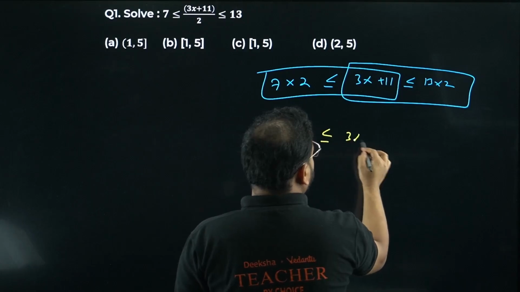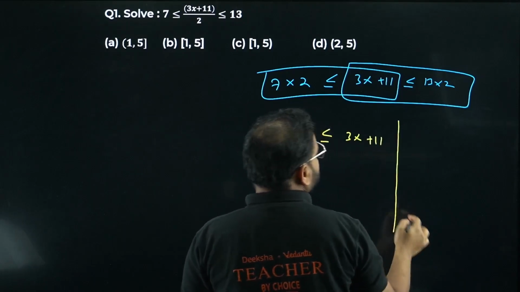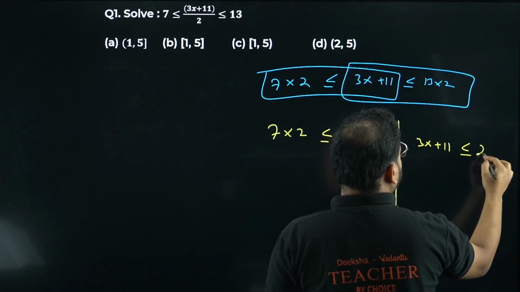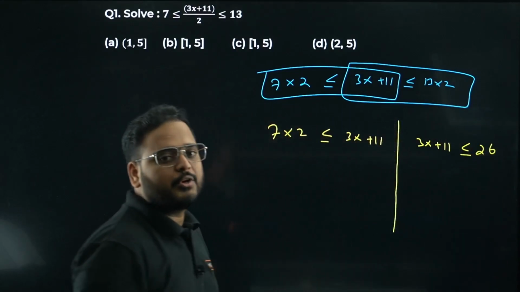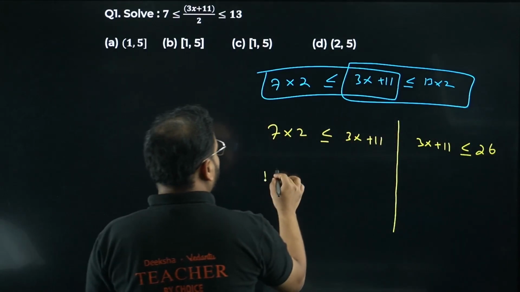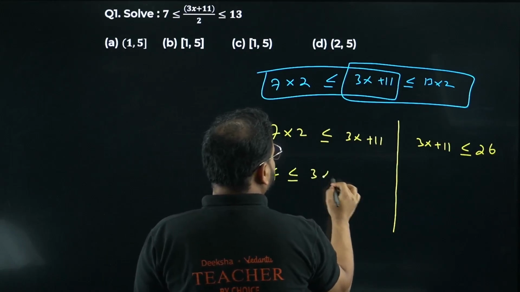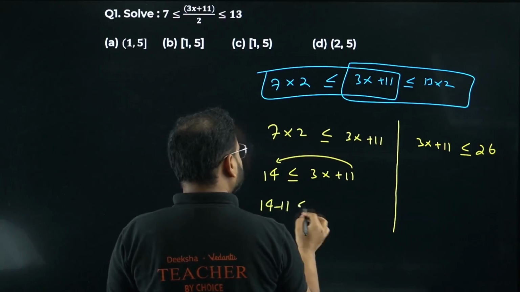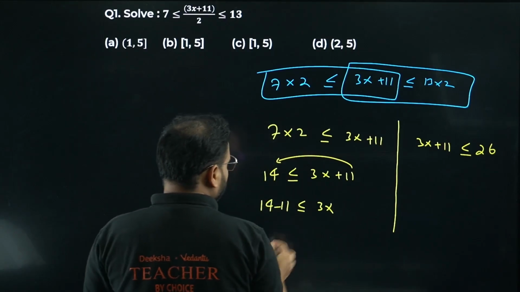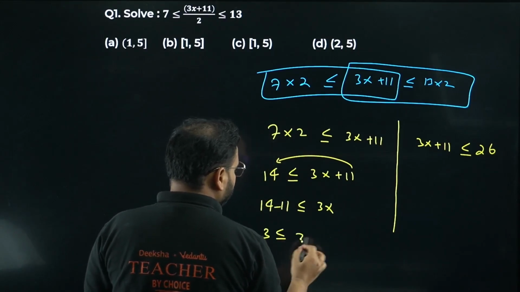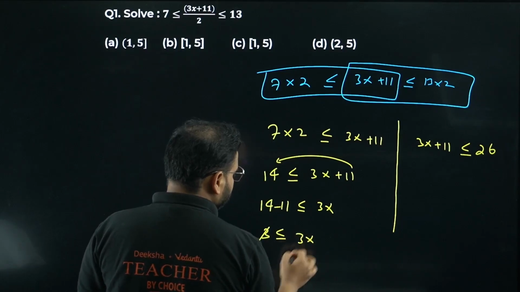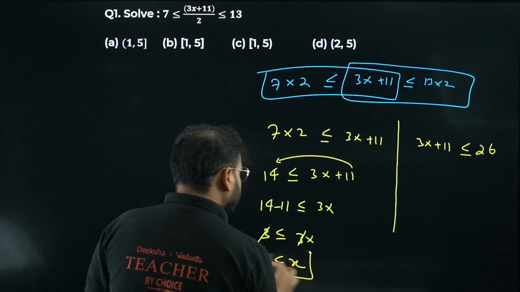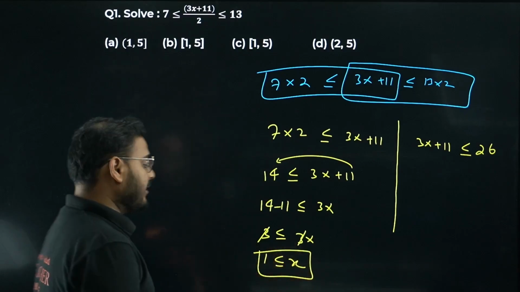For the other one, I have 3x plus 11 less than 26, since 13 into 2 is 26. Here I have 14 less than or equal to 3x plus 11. Move this 11 to this side. I get 14 minus 11 less than or equal to 3x. From here I'm getting 3 less than or equal to 3x. It means I can divide both sides by 3. I get 1 is less than or equal to x. Means x is greater than 1, greater than or equal to actually.